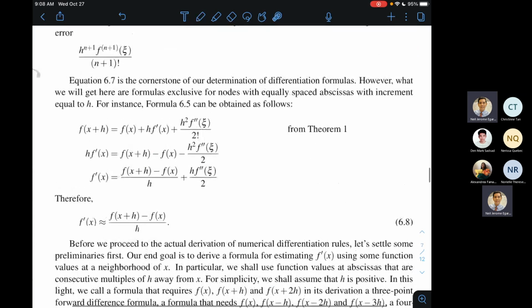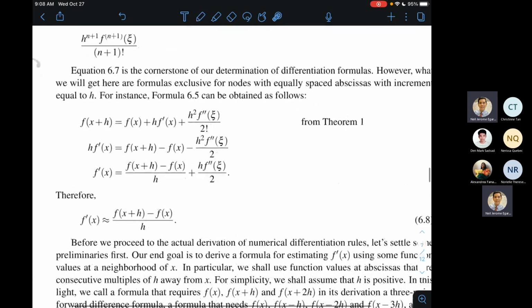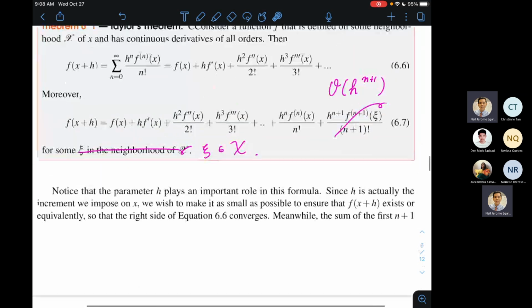Okay. And then let's start by recreating the formula we got from our two-point interpolation from the previous example. Okay. So para makapag-derive ng formula para sa derivative using 2 points, I'm going to use f of x and f of x plus h, right?